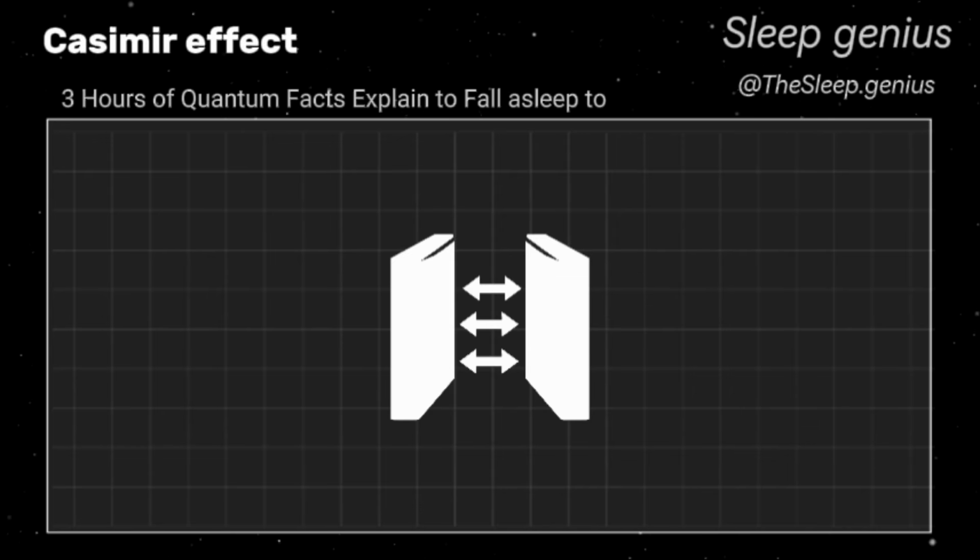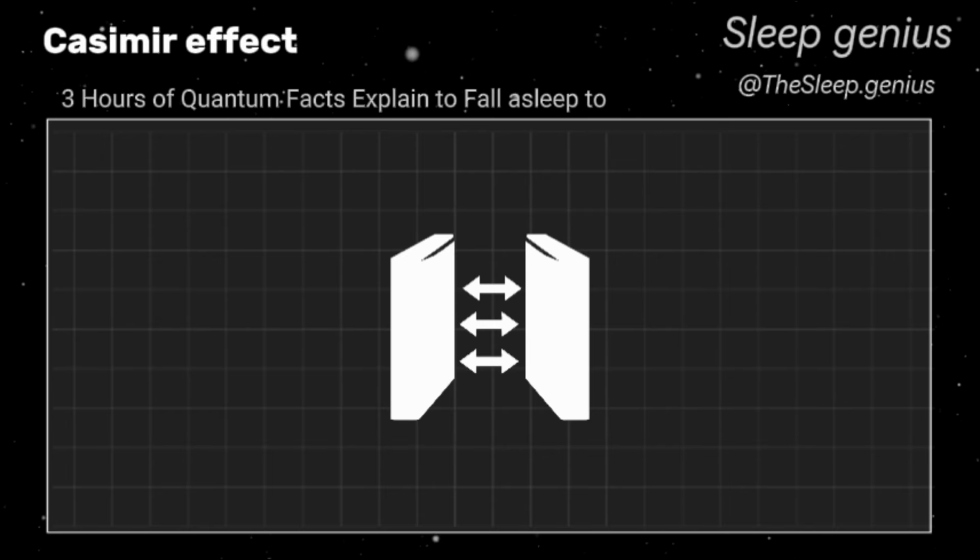Common misconceptions about the Casimir effect often arise from its mysterious nature. Some imagine it as a form of perpetual motion or as a source of limitless energy. In reality, it is a finite, well-understood quantum phenomenon governed by the rules of physics.